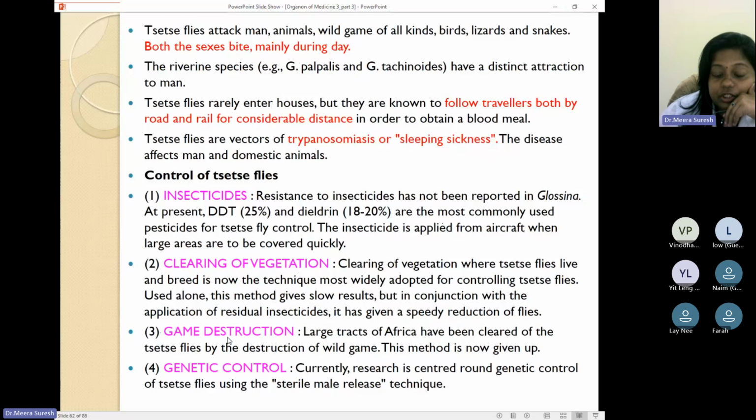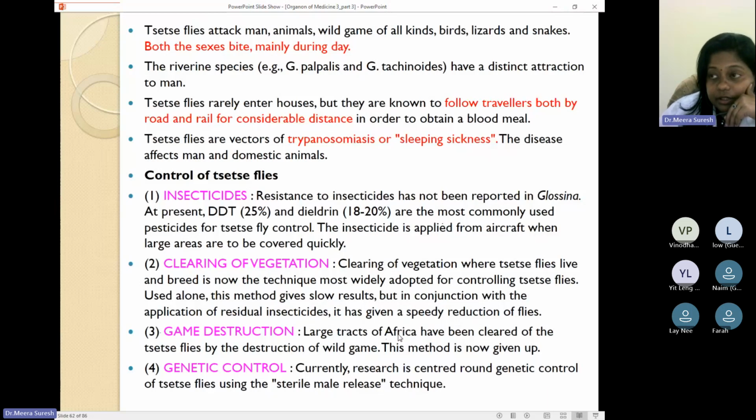Then there is game destruction. The term seems confusing, but I didn't want to change it because I wanted to introduce this term to you. As I told, the wild game term indicates wild animals, and game destruction means destroying them when it is seen that the habitat or breeding place of this Glossina can even be the wild animals.